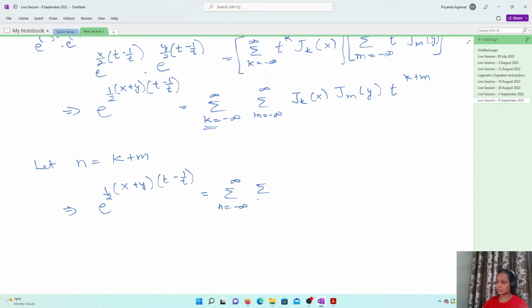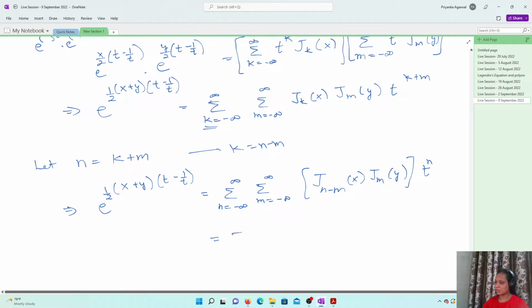Now k can be written as n minus n, so J n minus n of x into J n of y, and we have t to the power k plus n, which is n.